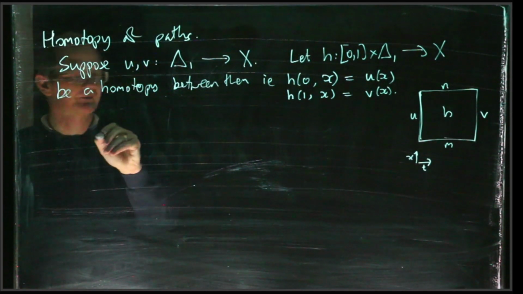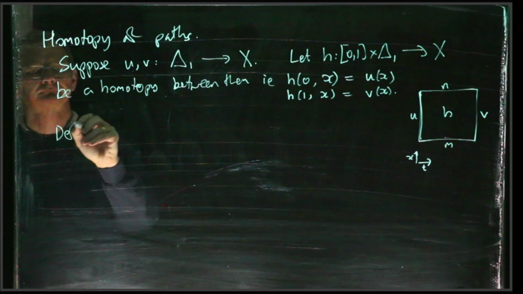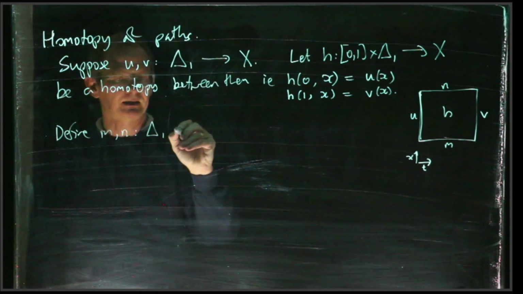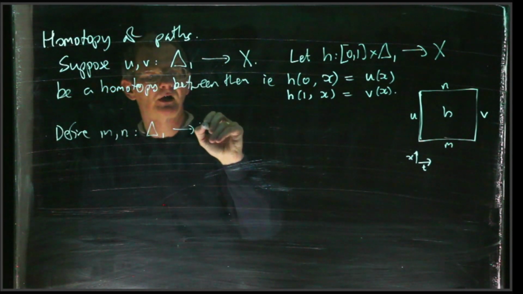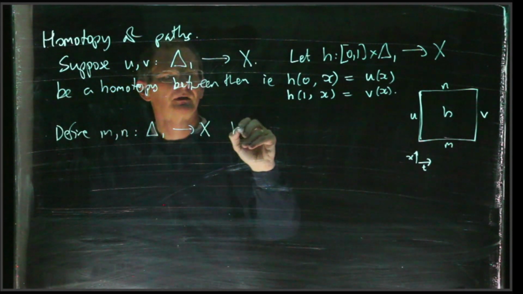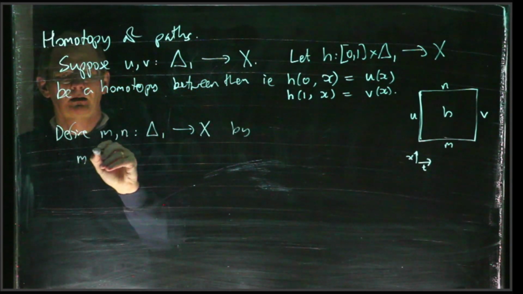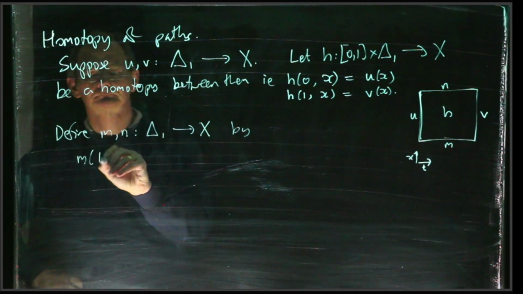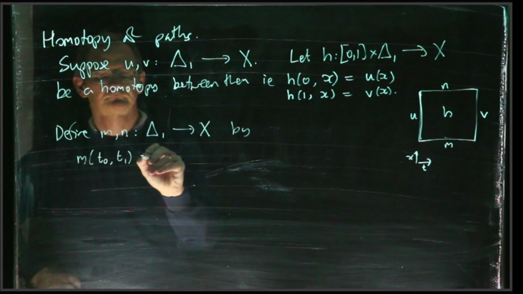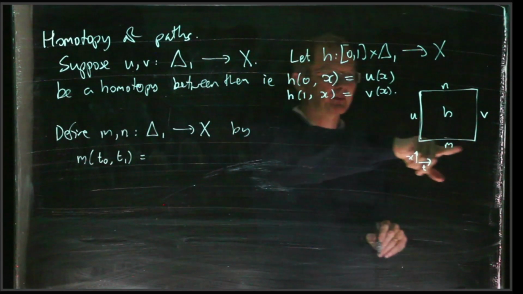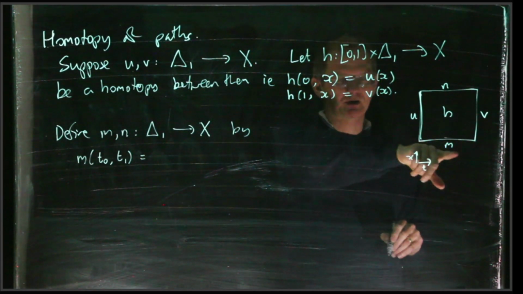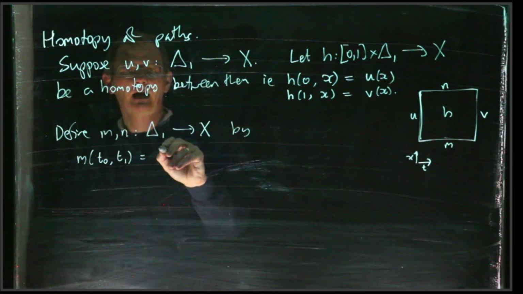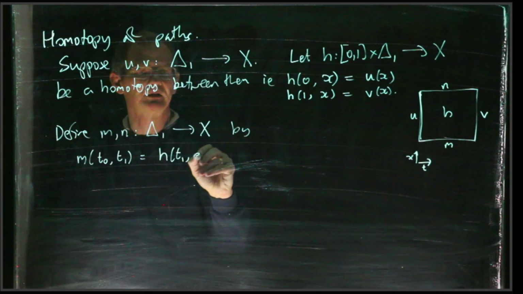So in formulas, think of m and n as being defined on the one simplex. So m of (t0, t1) is h of t1, e0.